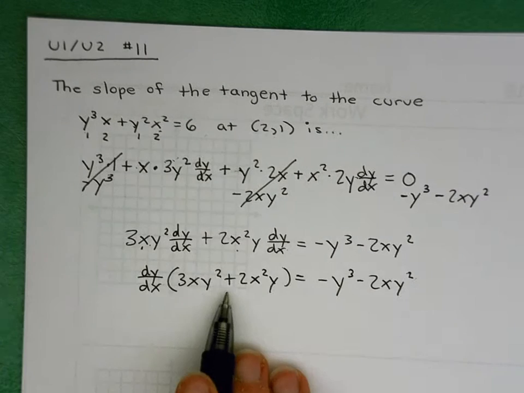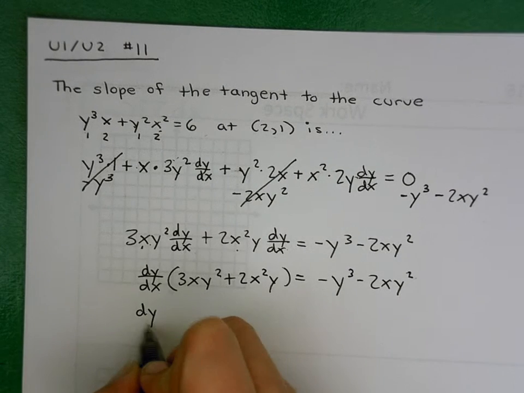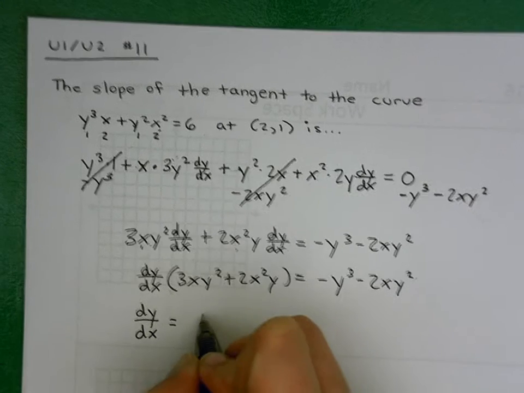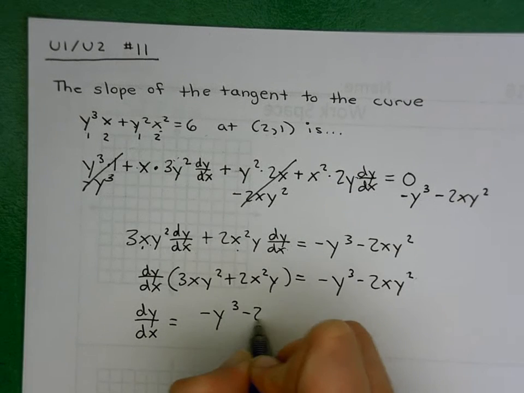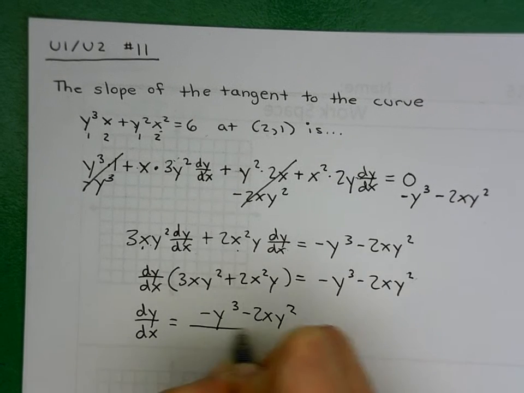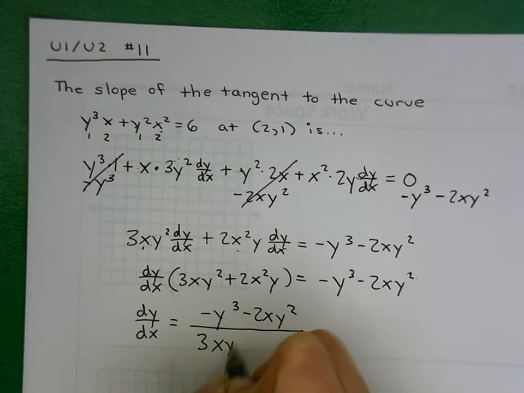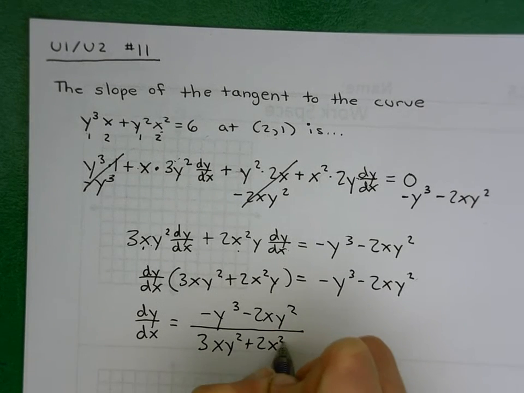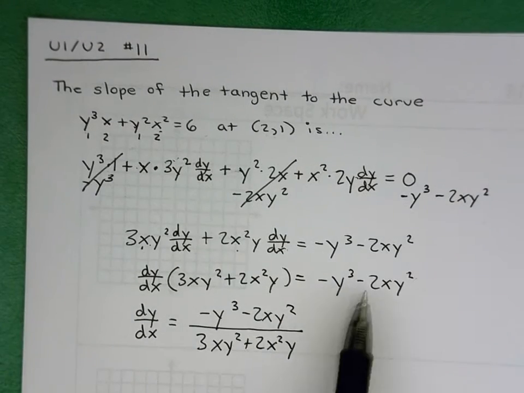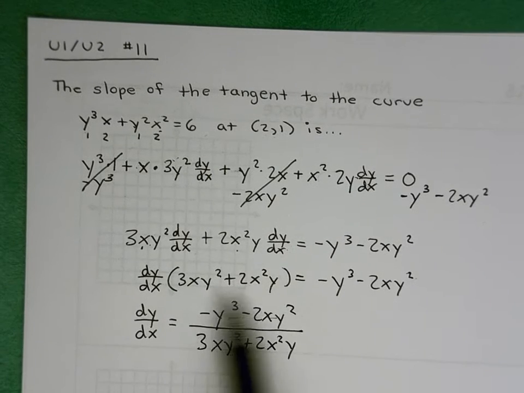And at that point, I can divide this term. And that'll get my dy dx completely by itself. Okay. So we've got this term over here divided by this term.